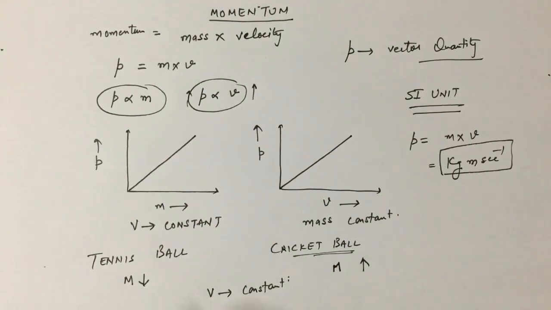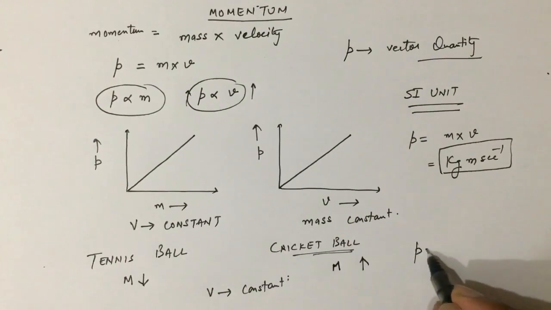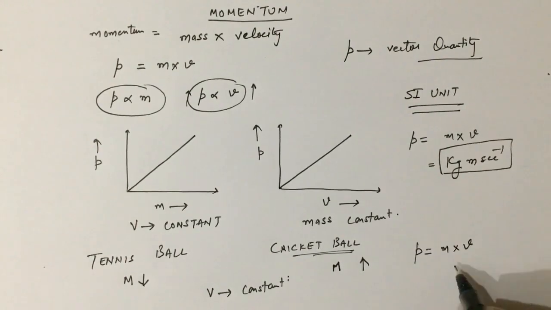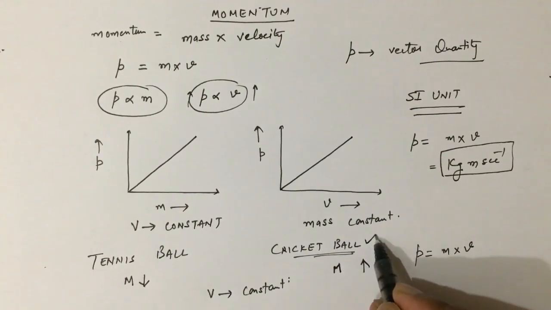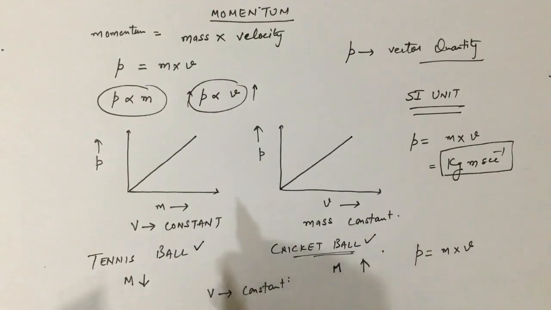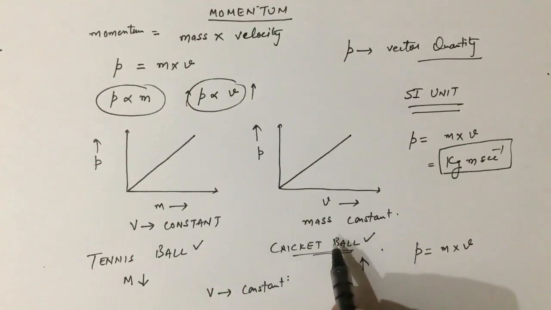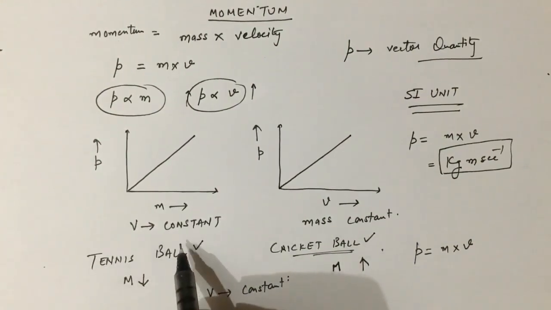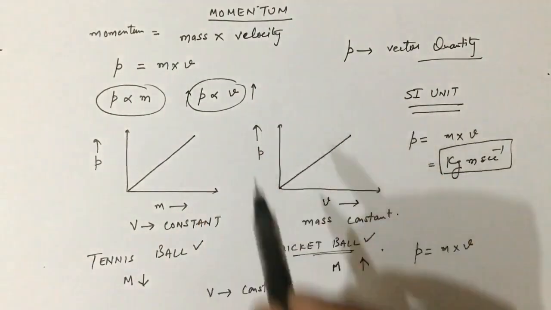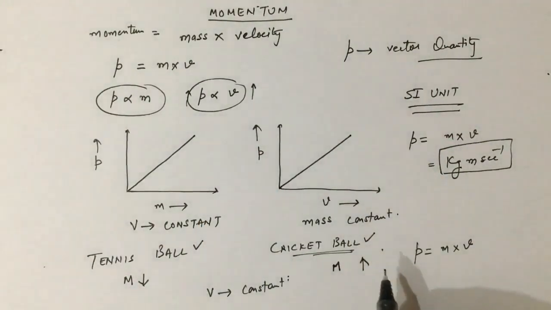So by the formula momentum is equal to mass into velocity, the momentum of the cricket ball is greater as compared to the tennis ball. So we need more force to stop a cricket ball as compared to the tennis ball. So we can say the momentum is actually the quantity of motion of an object. Clear?